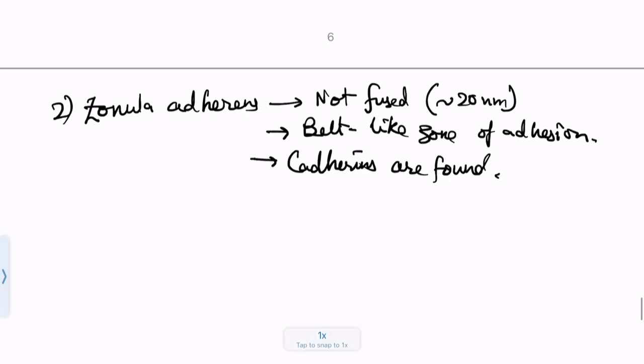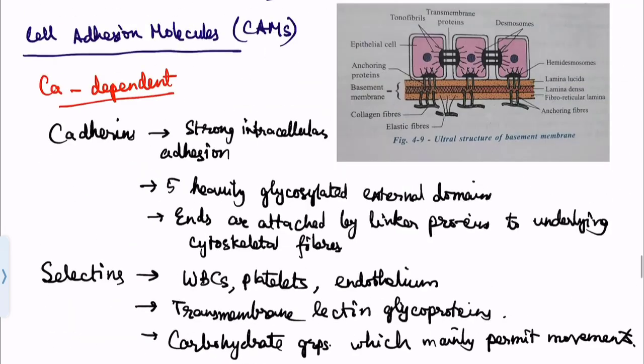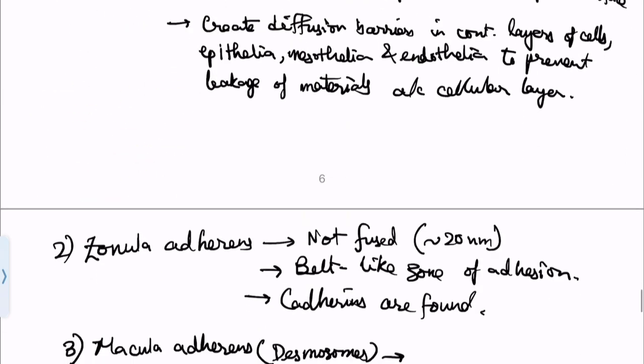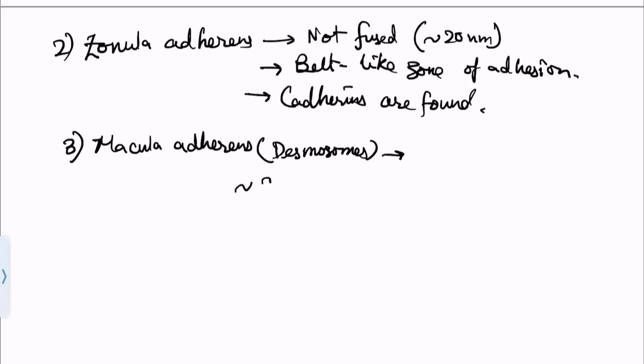Now, macula adherens, also known as desmosomes. We can see in the picture, desmosomes are present. The adjacent cells are separated by 25 nanometers.